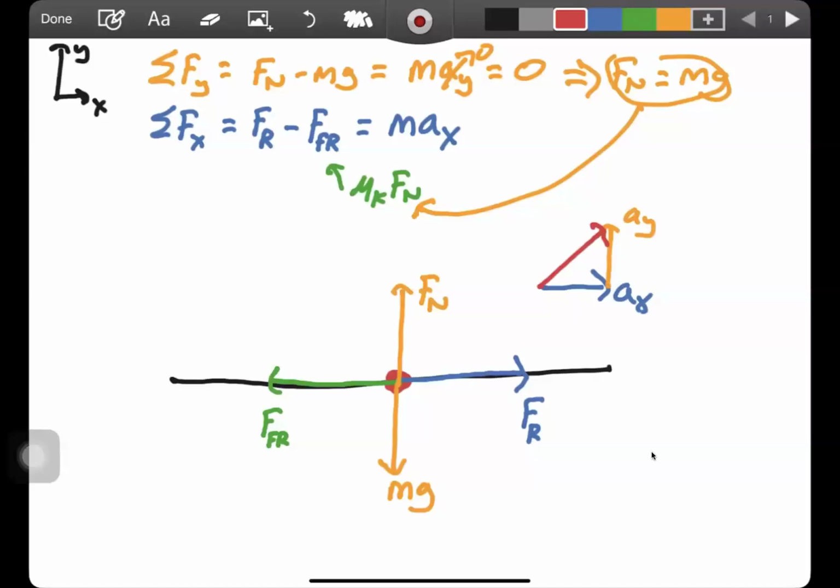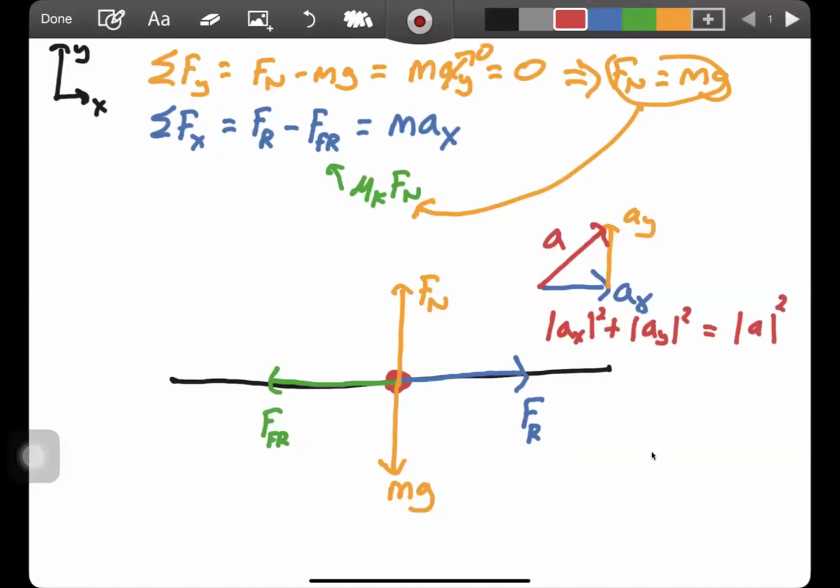But of course, you could also use the Pythagorean theorem, where if this is the net acceleration a, then because a squared plus b squared equals c squared, it'd be the same thing as saying ax squared plus ay squared equals a squared.